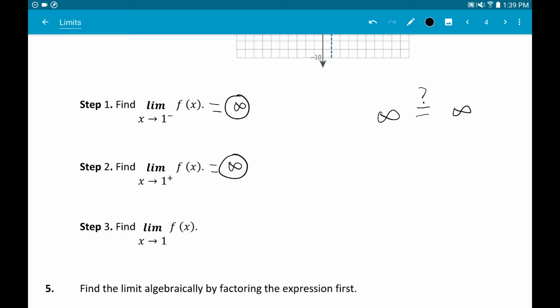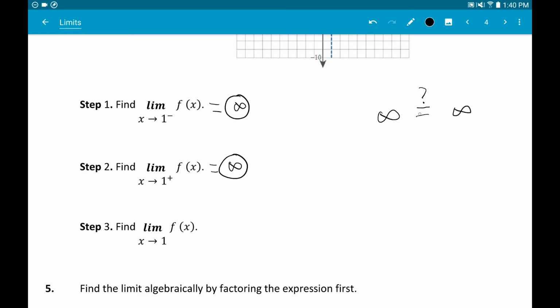And the answer to that is actually no. Okay? The reason being, infinity is a concept. It's not an actual value. You can't write down the number for infinity. It's some number we can't get to. It's so big. So who's to say this infinity on the left is the same exact value as this number on the right? You can't.